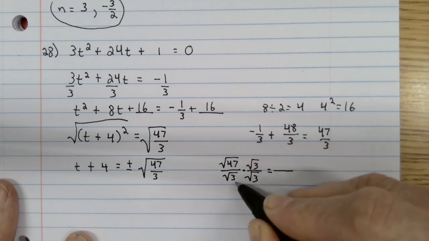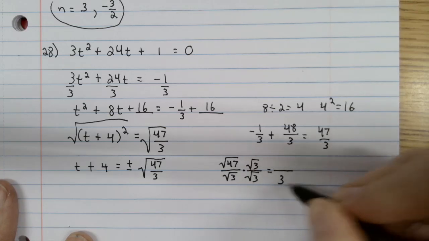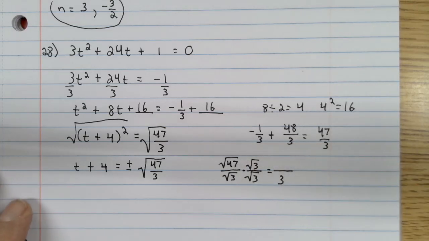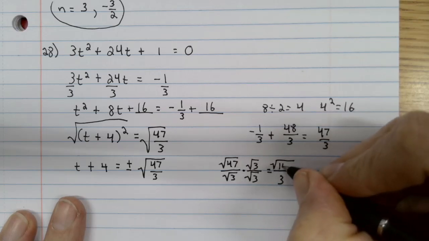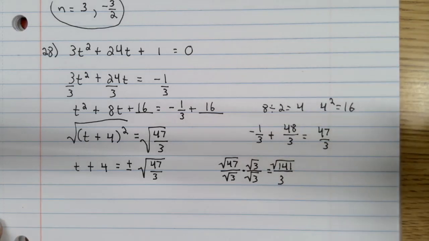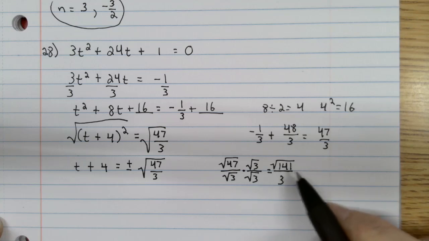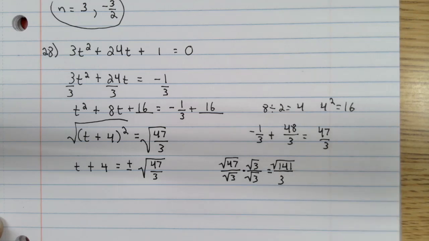So square root 3 times square root 3 is just 3. I think 47 times 3 is 141. I'm going to check, I've got a calculator off to the side here. Yeah. Square root 141. Good news is there are no perfect squares in 141.